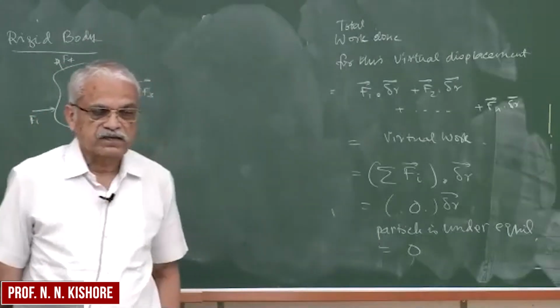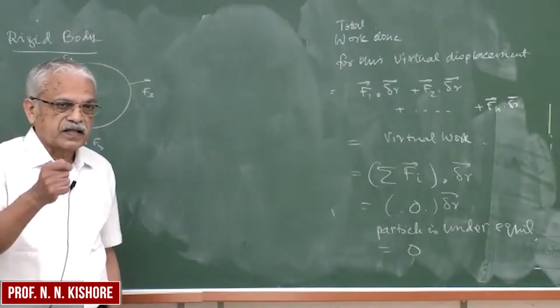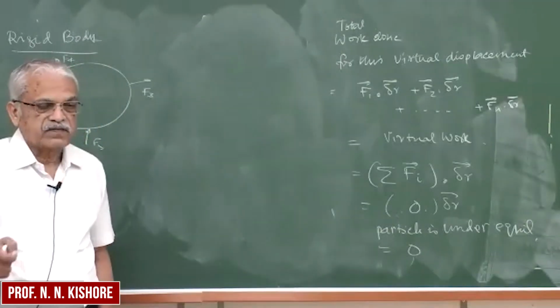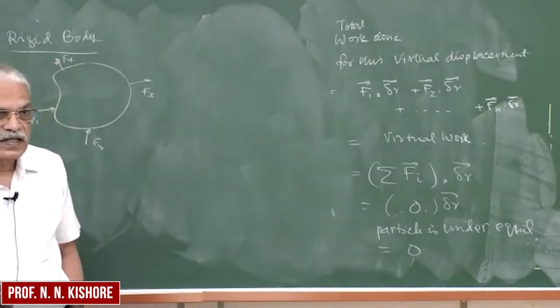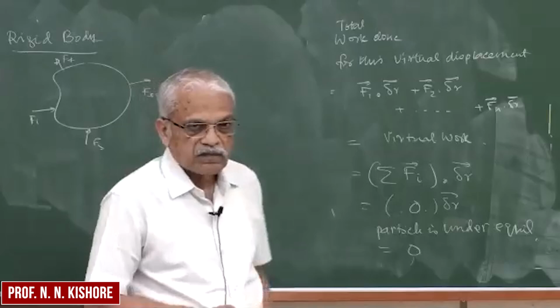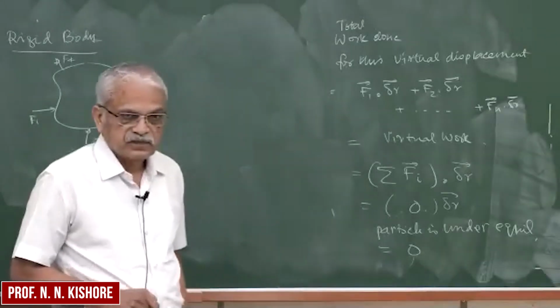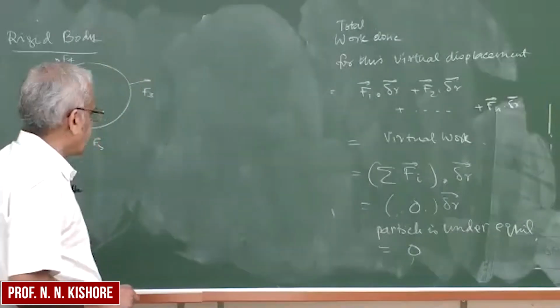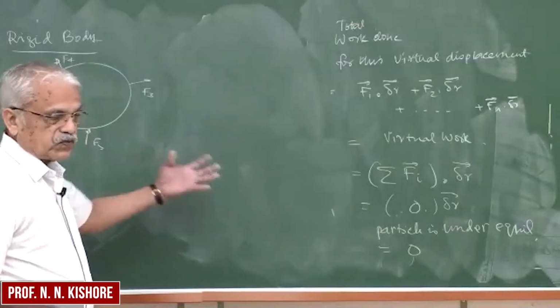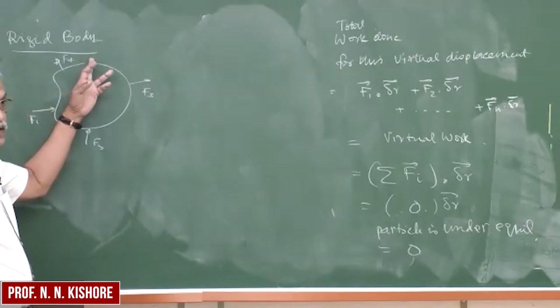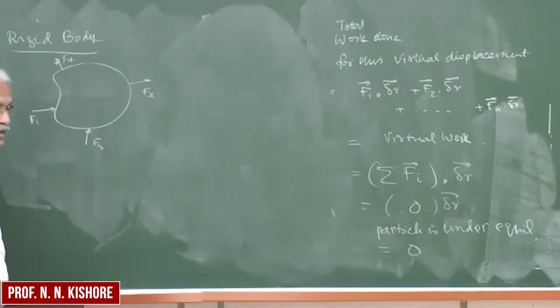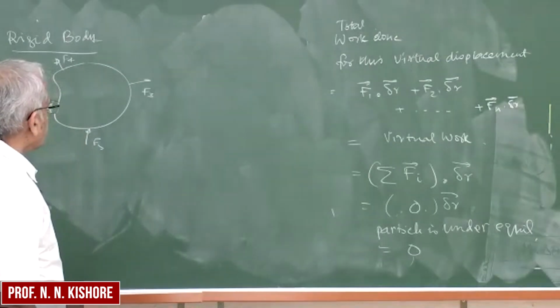Or the other way, if the virtual work done by the particle for any virtual displacement is 0, then the particle is under equilibrium. So this is a very profound statement, and very useful for us. So how do we apply it to the rigid body here?